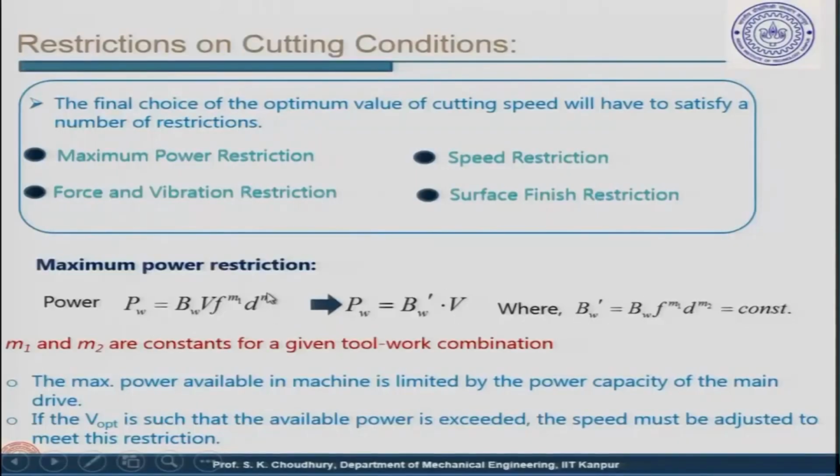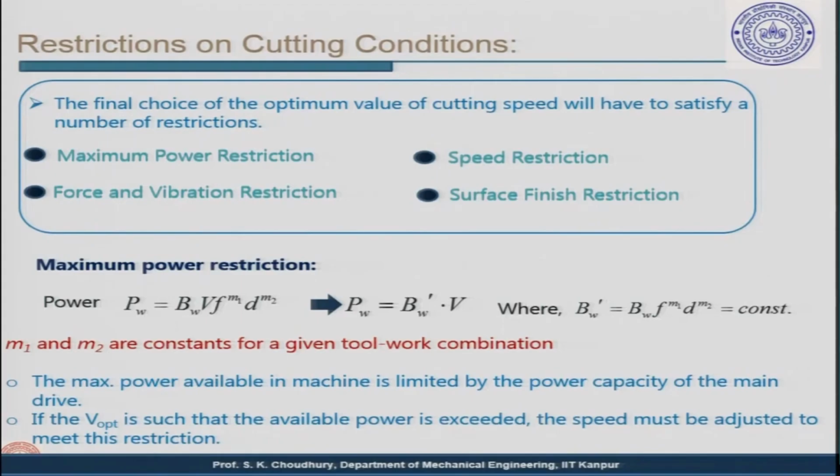So, this velocity that you have got as an optimum velocity for the minimum cost or maximum production rate or maximum profit rate cannot exceed the power which we have for the main drive. So, if the V optimum is such that the available power is exceeded, the speed must be adjusted to meet this restriction. Speed has to be lowered so that we can match it to the main drive or prime mover which we have selected.